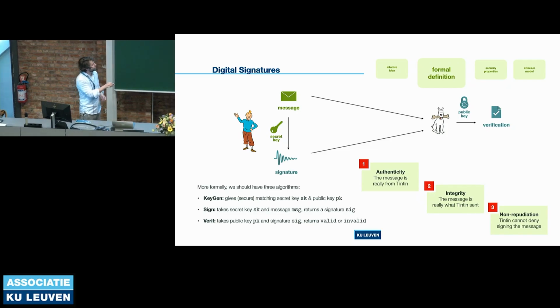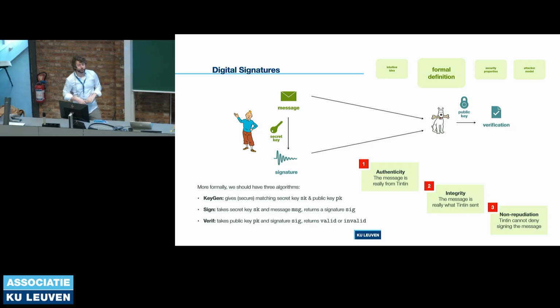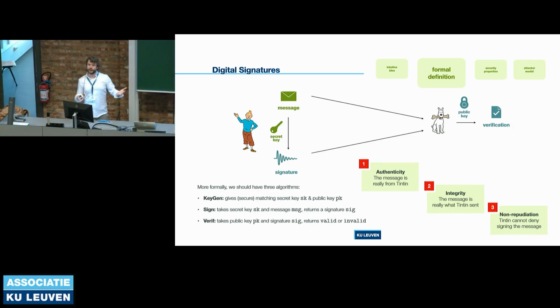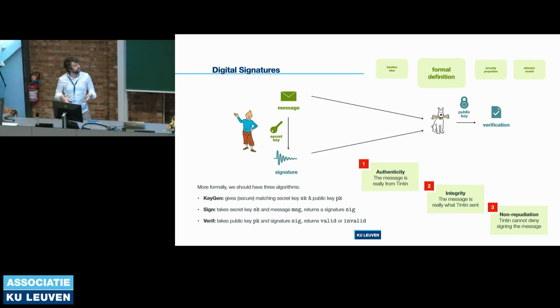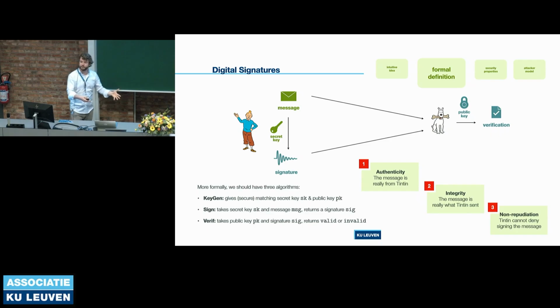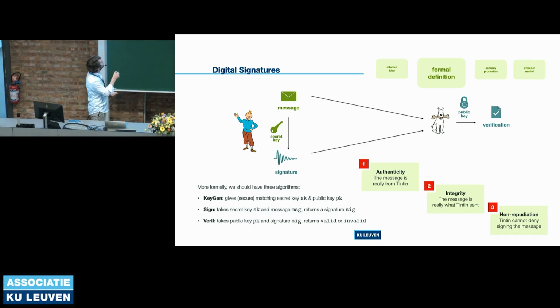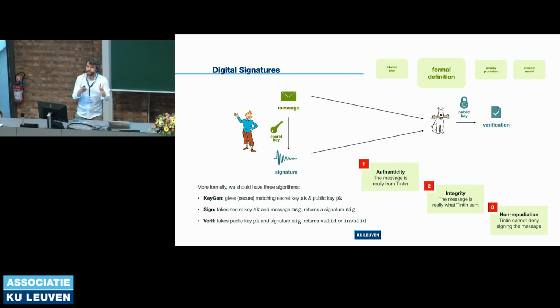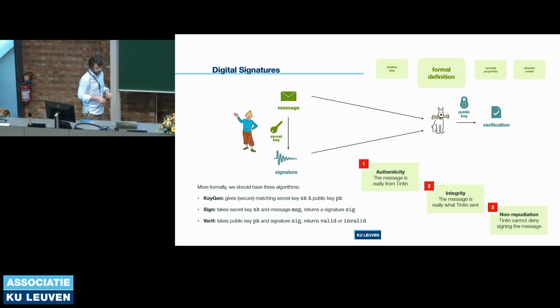And the last one is a bit more tricky. It's non-repudiation. In some sense, if you have those two things, Tintin can also never deny that he signed that message, because he's the one that put it in the signing algorithm. He's the only one with the secret key. If you get that message with that public key, it should really implicate him, like he signed this message.